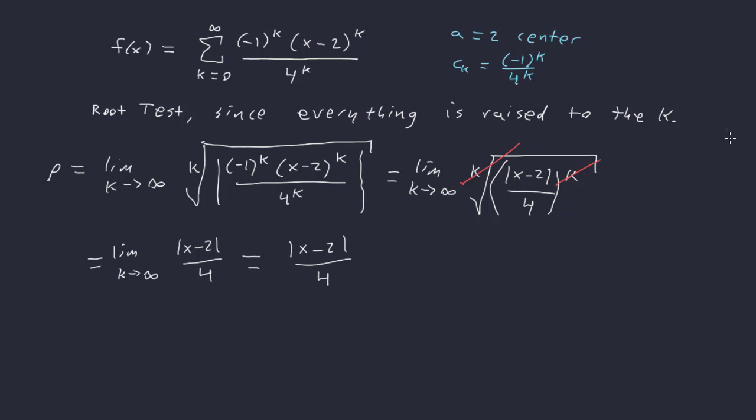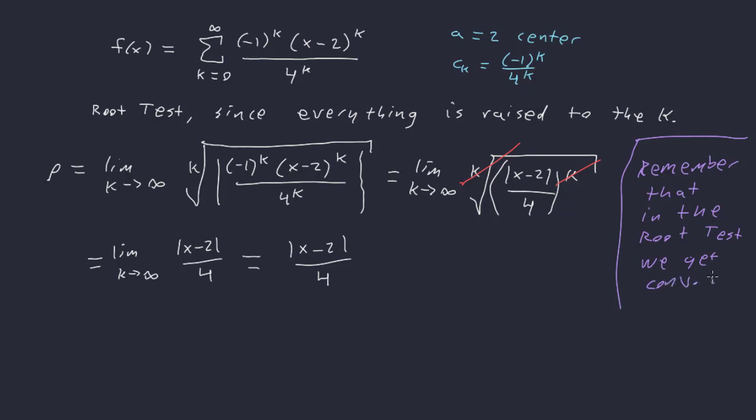So we need to remember that in the root test, and this is true for the ratio test as well, we get convergence when rho is strictly less than 1.